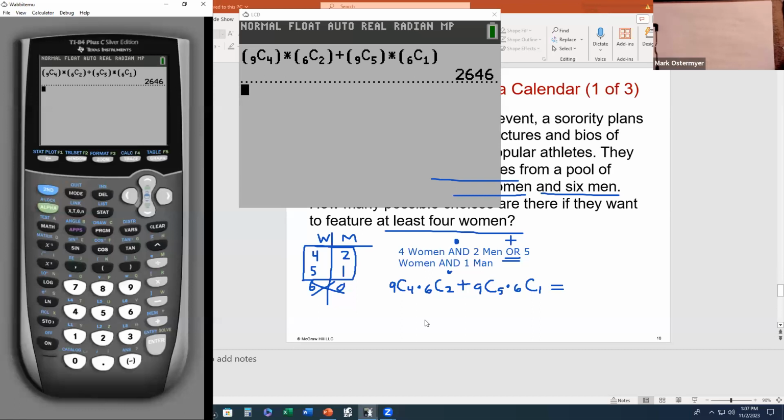Double check how you typed it in, if you're able to do that, or maybe just start over and try it again. Did anybody get this 2646? Anybody?